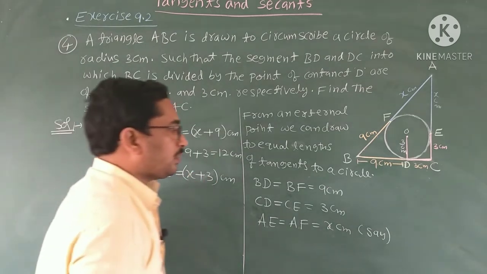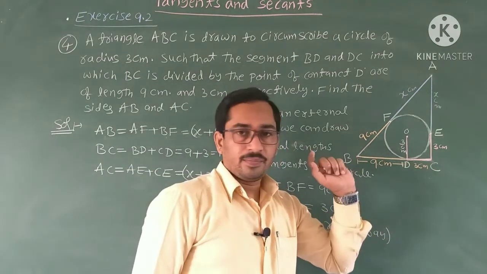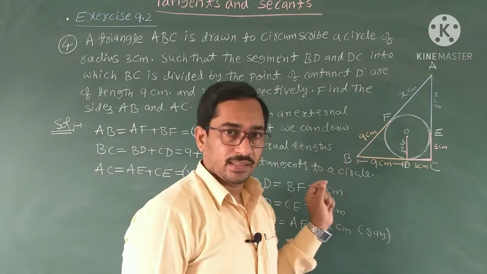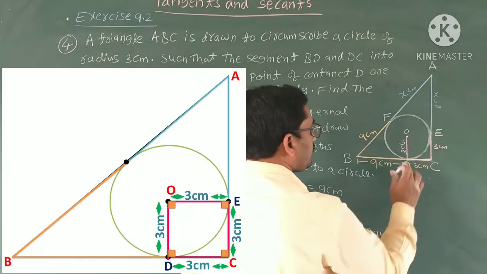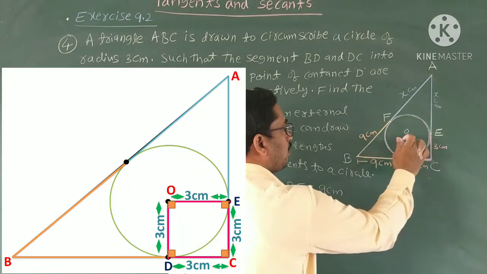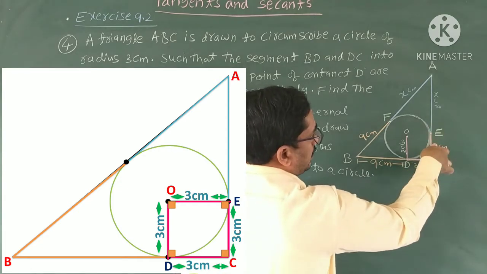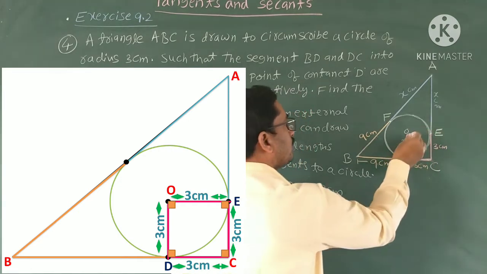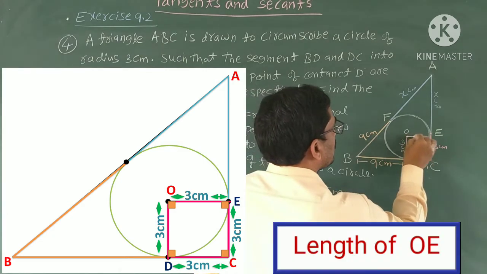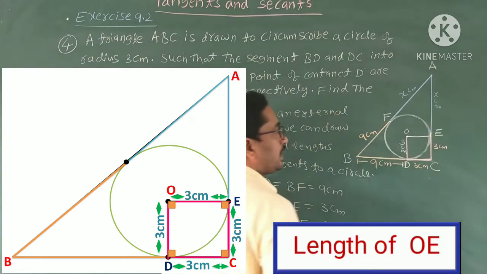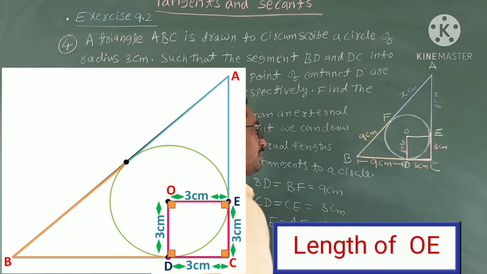Now observe what is the angle at C. See here, CD 3 centimeters, OD 3 centimeters and CE 3 centimeters. So what is the length of CE? Right, very good.